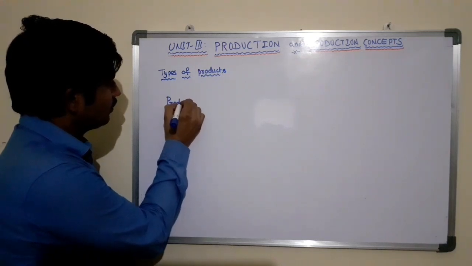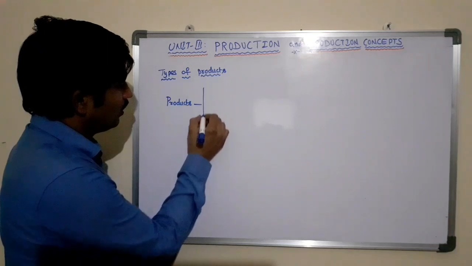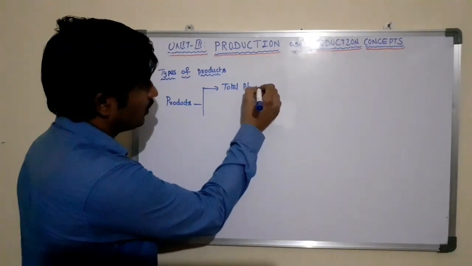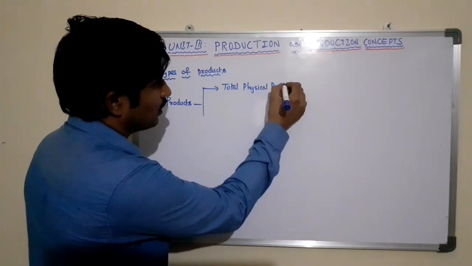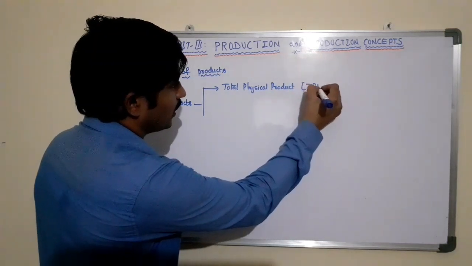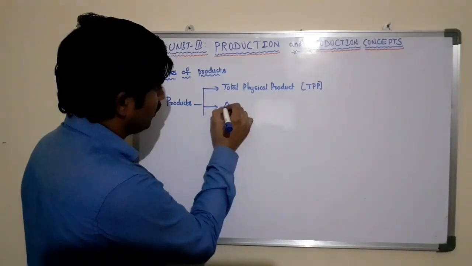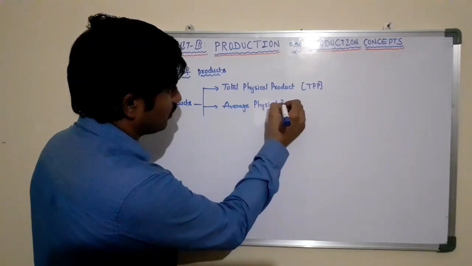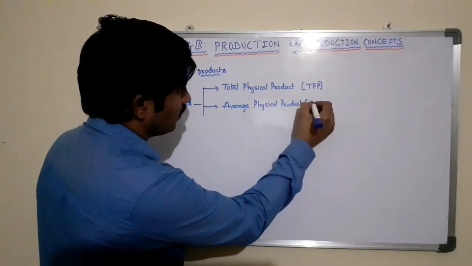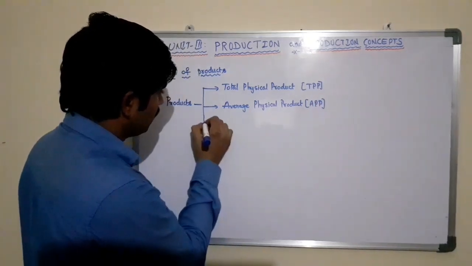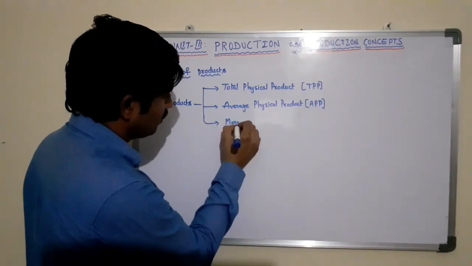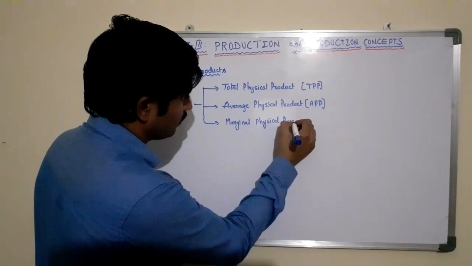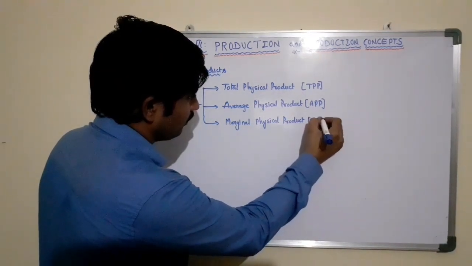Products are classified into three: total physical product, denoted by TPP; average physical product, denoted by APP; and marginal physical product, denoted by MPP.